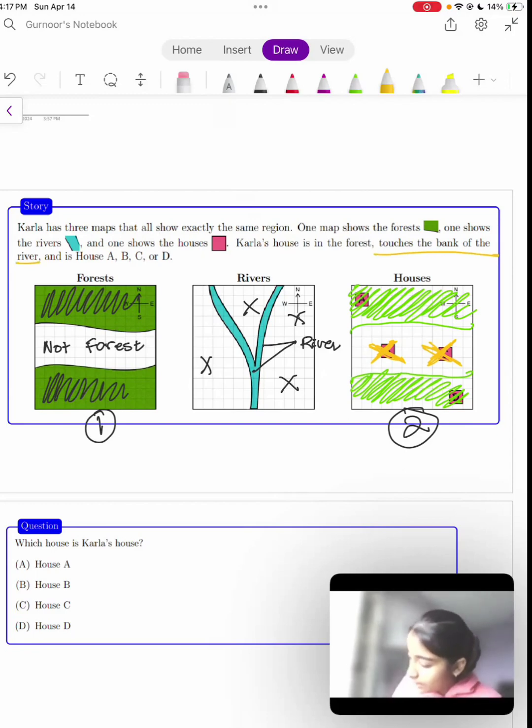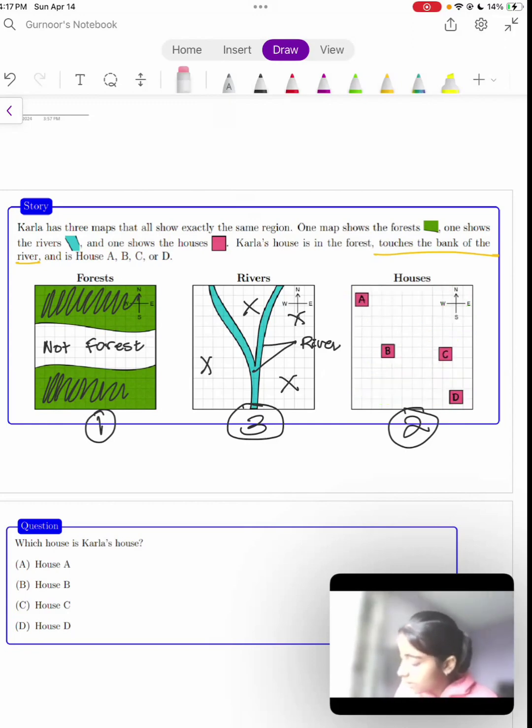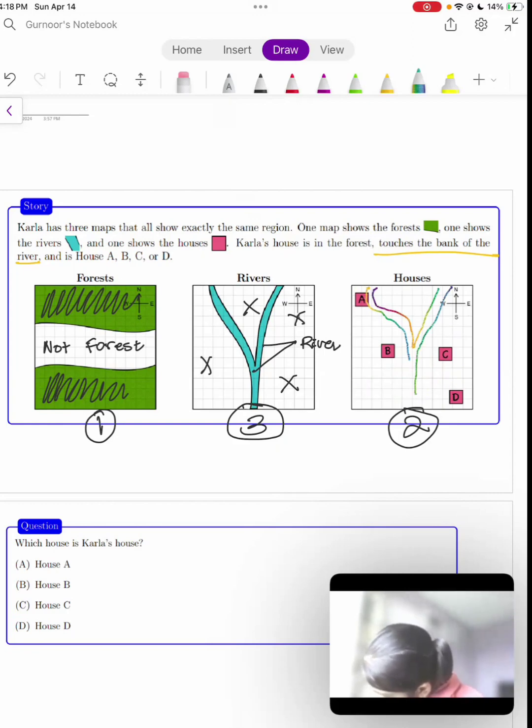If we combine diagrams 3 and 2, this is the river. Excuse me for my poor drawing.